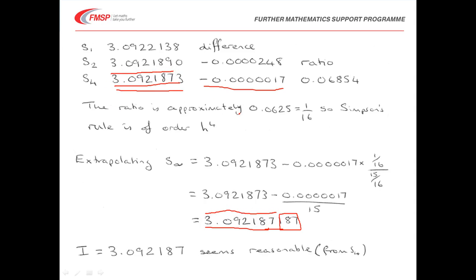So if I'm using S4, we can say that that seems reasonable. That would get you the marks provided you showed the extrapolation. If you didn't want to do it by extrapolating to infinity, you could have written that it's 3.09219, saying that S2 and S4 both round to that, and because the difference is so small between them, when we divide that by 16 it's not going to affect it.